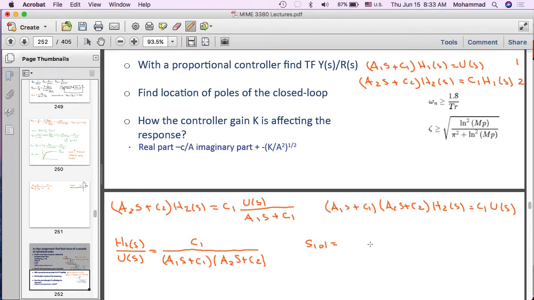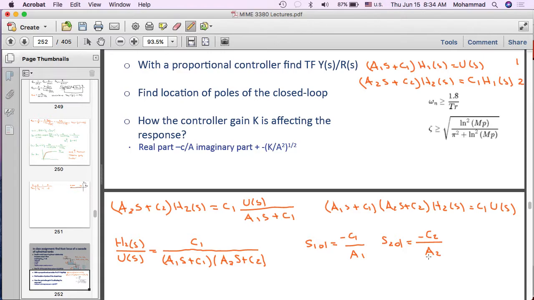The first one is minus C1 over A1, which will make the first parenthesis go to 0. Therefore, the second pole of the open loop is simply minus C2 over A2. So there are two poles for the open loop.